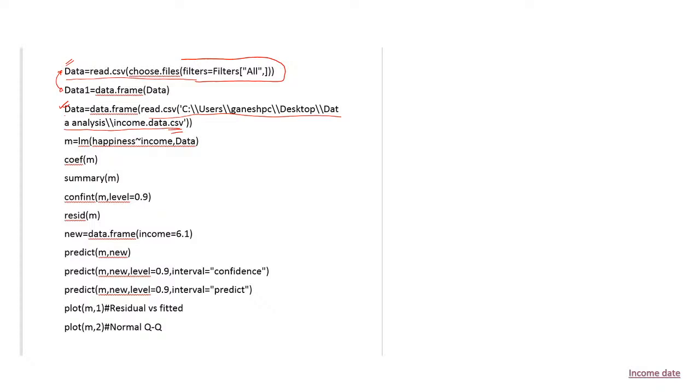So this is lm for linear regression. Okay. So if you use this command coef within bracket n, this gives the coefficients of this linear regression, that is, your intercept term and slope.